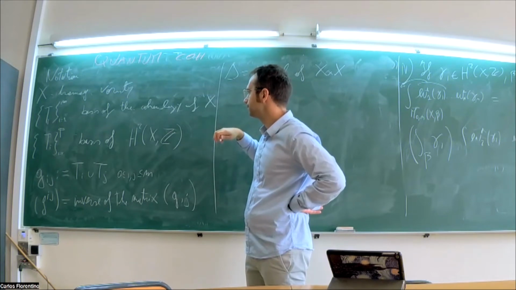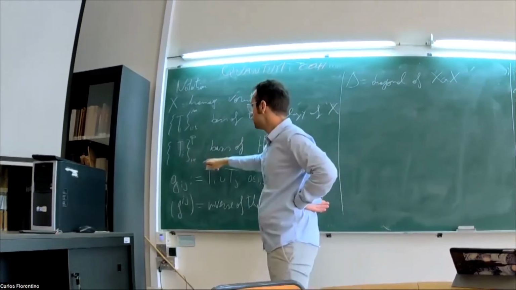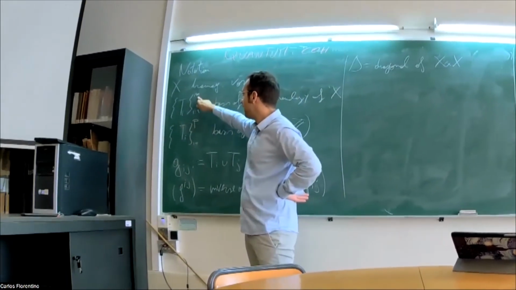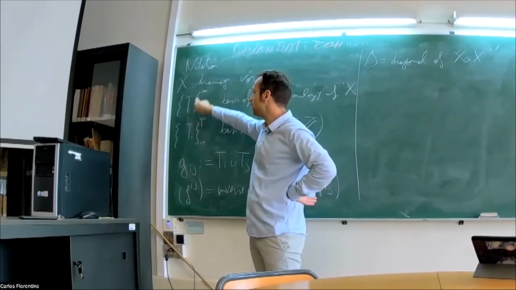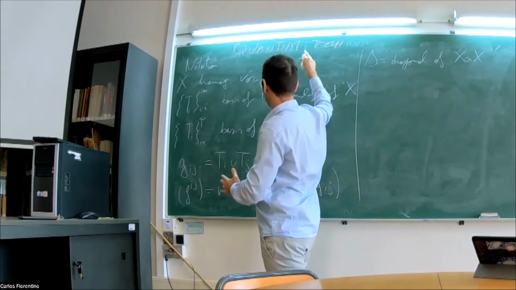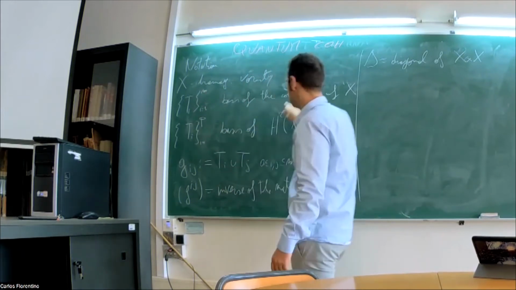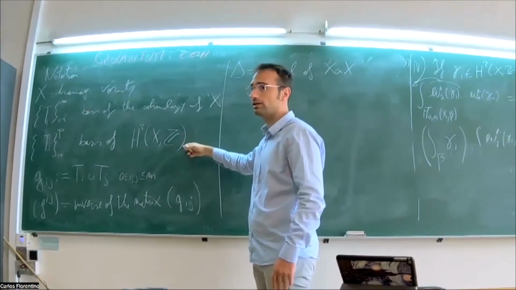With index from 1 to n, we mean all the bases of H star of X, and up to p, we mean the basis of all of the codimension 1 cycles.